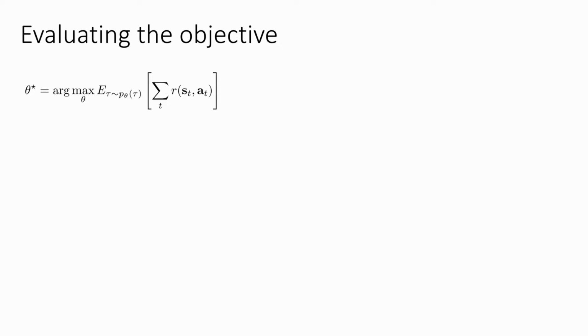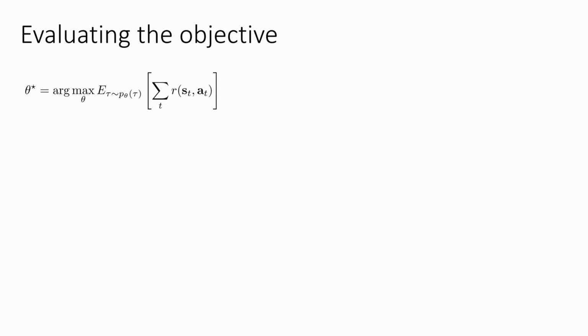So one of the ways you can estimate that expectation is to obtain samples from p theta of tau. And the way that you can obtain those samples is by actually using your policy to act in the world. So if your policy controls a car driving on that cliff, just drive the car 50 times, average the total reward over those 50 trials, and that's your estimate of the expected value of the total reward.